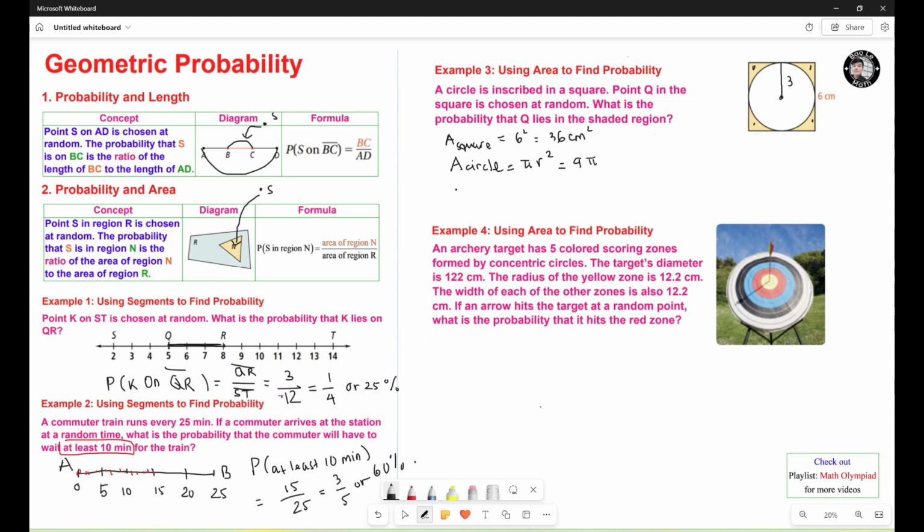Now, the area of the shaded region is going to be 36 minus 9 pi.